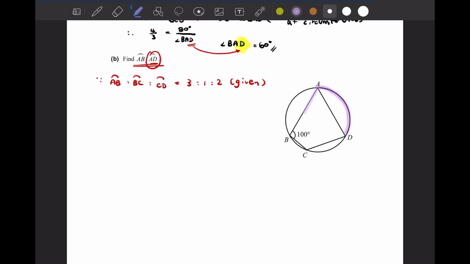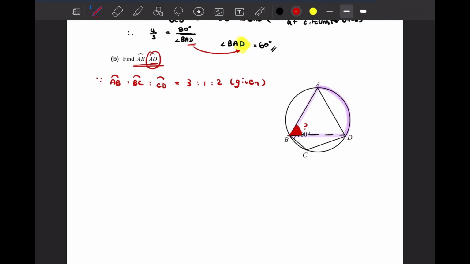Right, this one is the arc AD, and therefore the corresponding angles at the circumference should be this one. So meaning that I have to draw a line here, and then you can find this angle here. So meaning that if we somehow find angle ABD, then we can probably find the arc AD.